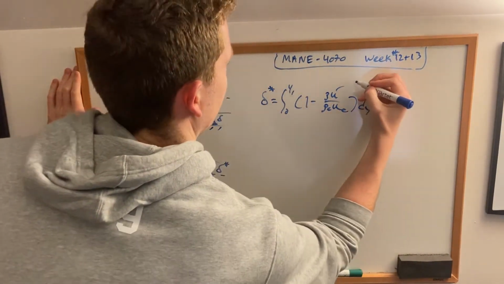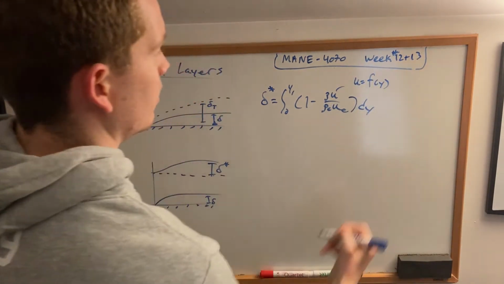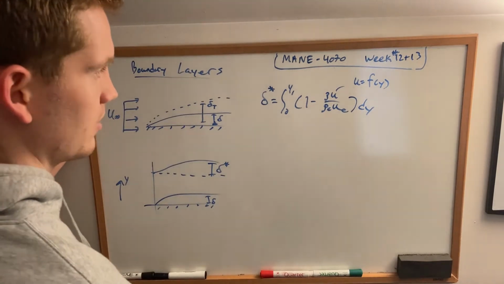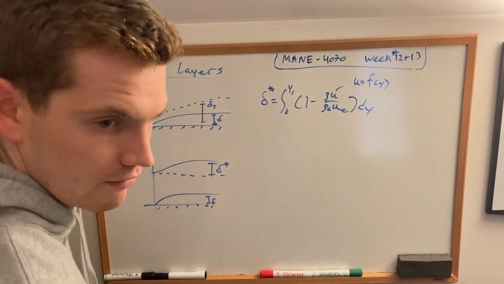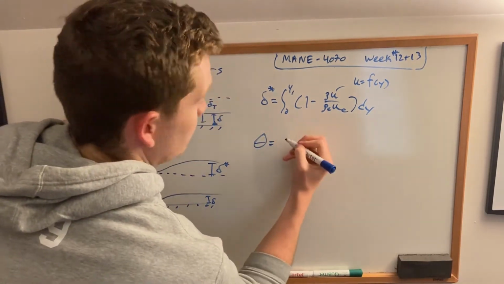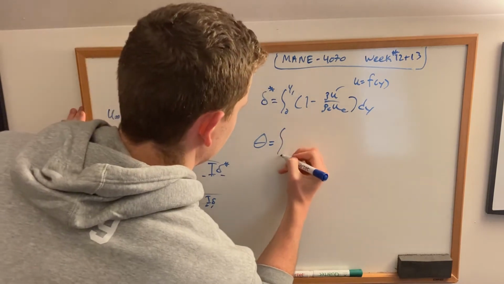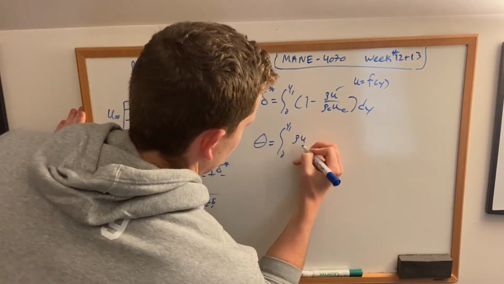Generally, u is going to be some function of y, pretty much always. And then we have the momentum thickness. Another boundary layer definition is given as the same integral, just with a term in front of it.